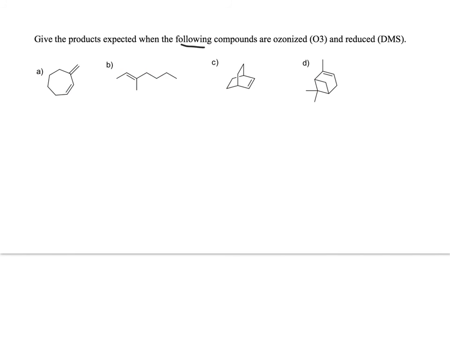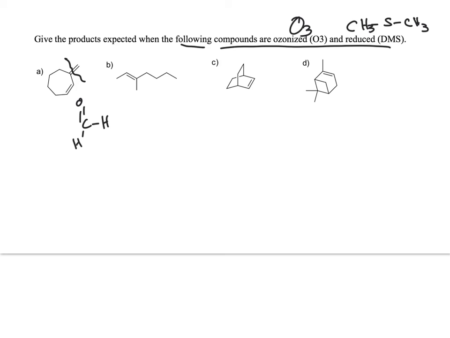Okay, give the product expected when the following compounds are ozonized and reduced with dimethyl sulfide. All right, so we're going to cleave these. So this would be here, and this has a hydrogen, so that would give you formaldehyde for this carbon.